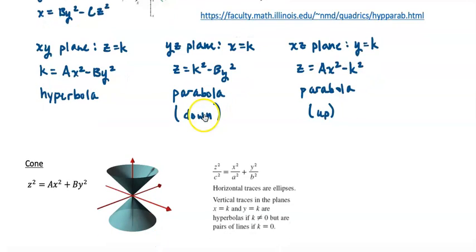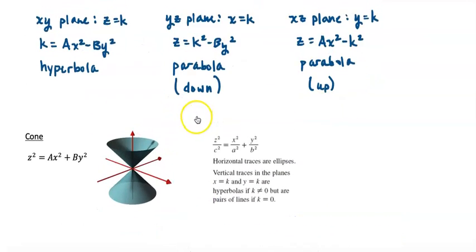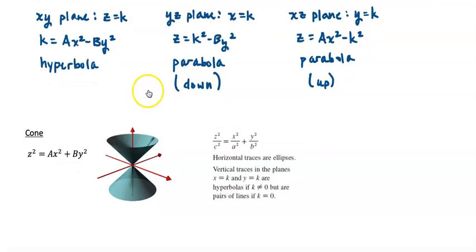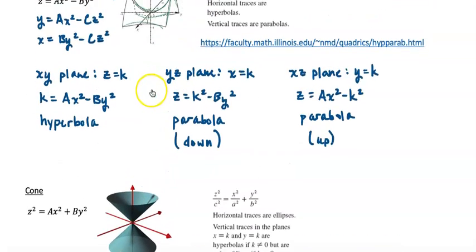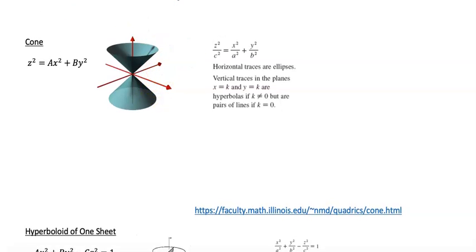Now the next shape isn't quite as complicated, and for that reason, we're just going to talk about the last few of these without looking at these traces very closely, because hyperbolic paraboloid is really as complicated as it gets. And then we'll look at the traces by doing some examples.